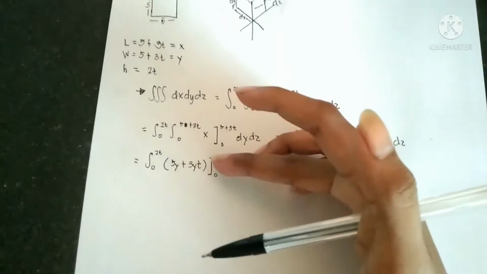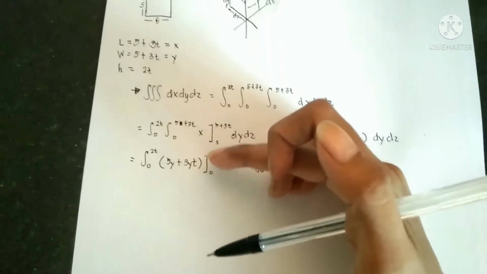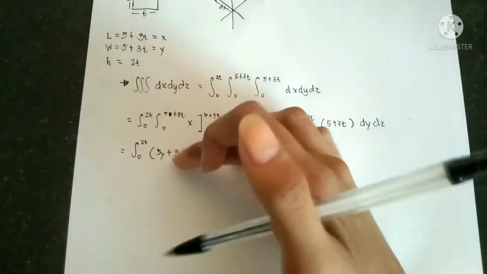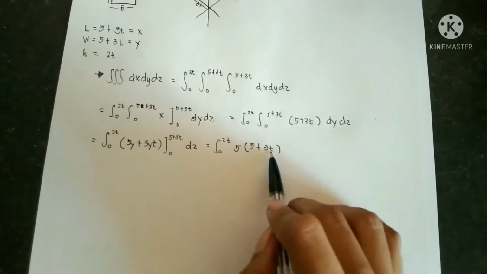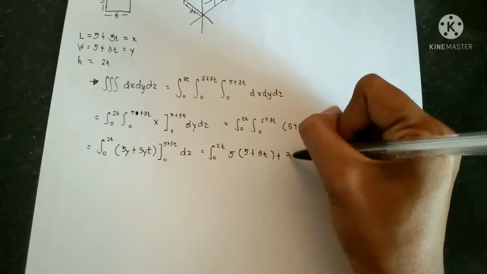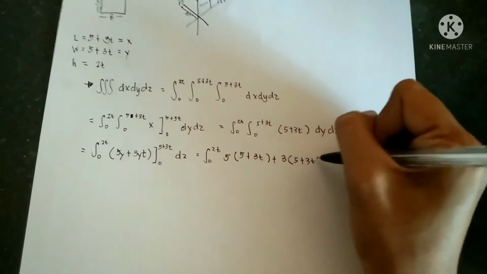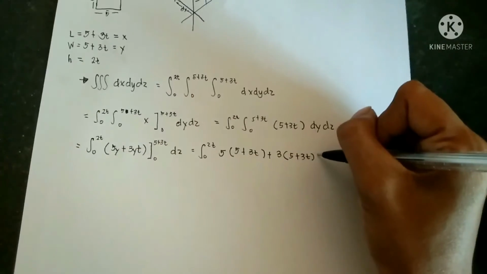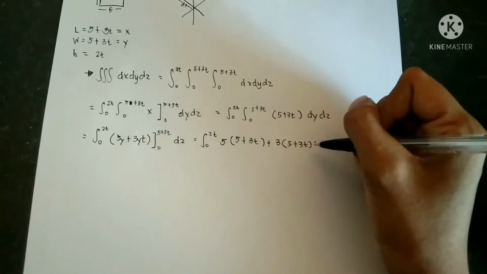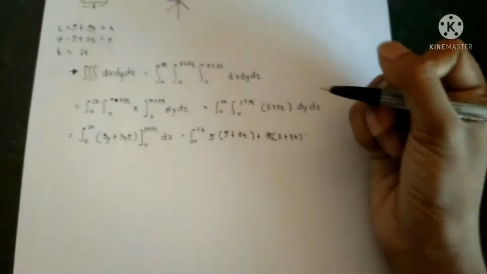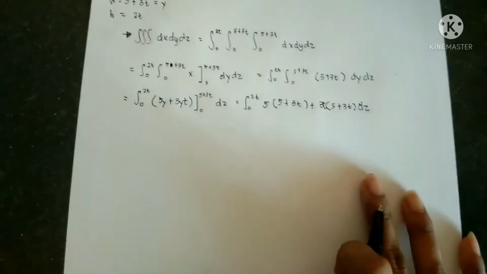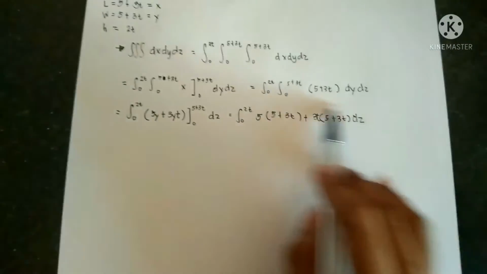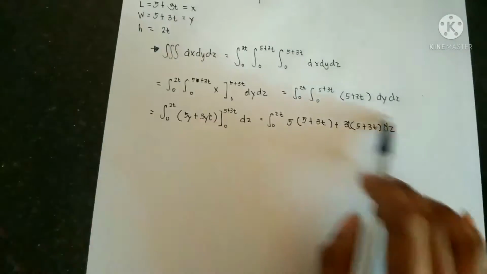So substitute natin itong value ng ating upper and lower limit dito sa quantity na to. So 5, plug in 5 plus 3t, plus 3t times 5 plus 3t, dz. So next, i-integrate natin itong nakuha natin.